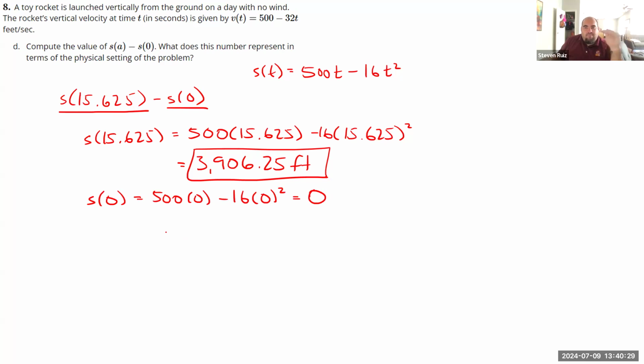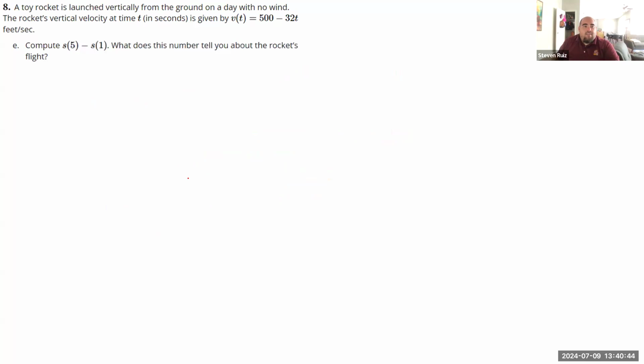So from time equals 0, from our initial launch to 15.625 seconds later, the rocket had changed in vertical position by 3,906.25 feet. And part E, compute S of 5 minus S of 1. What does this tell you about the rocket's flight? So let's do that. What is S of 5 minus S of 1?